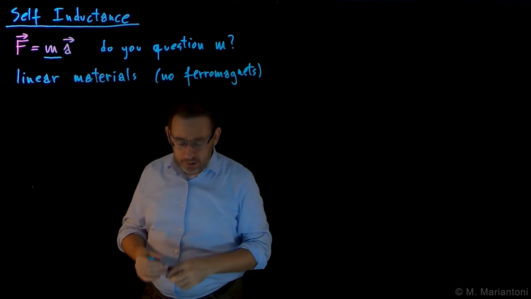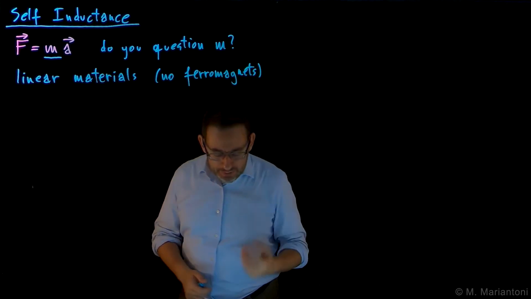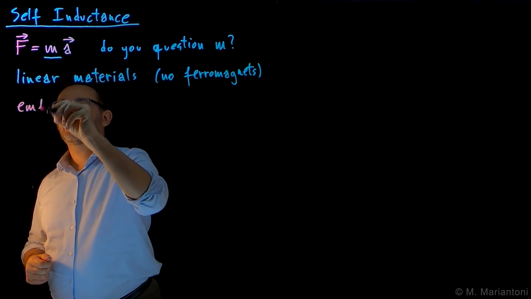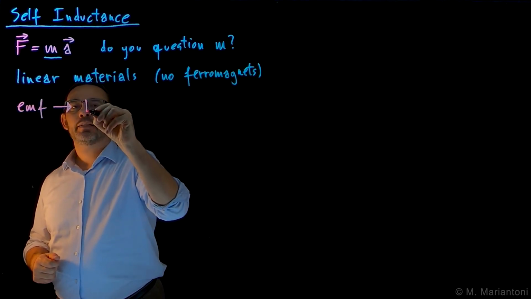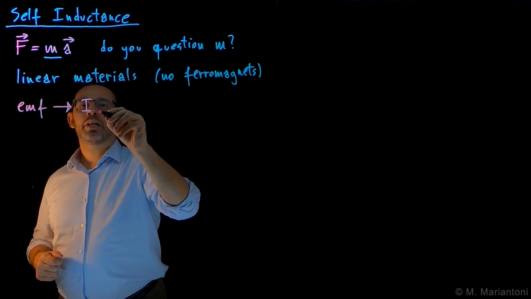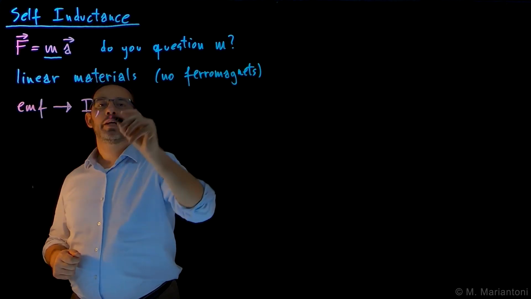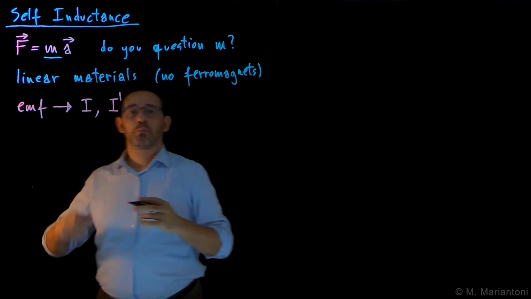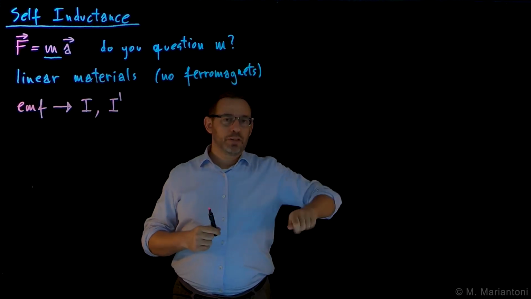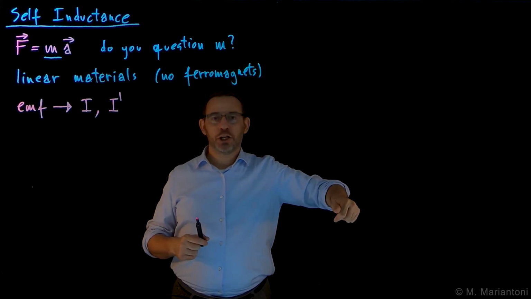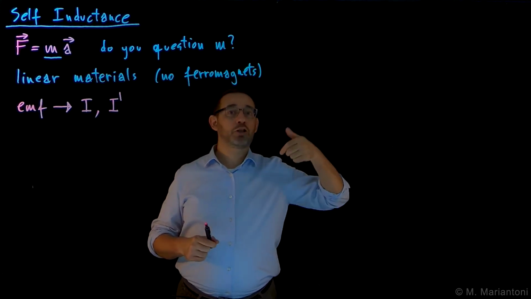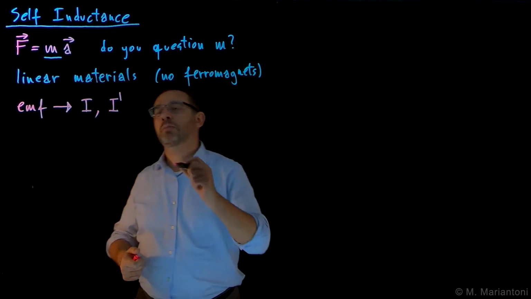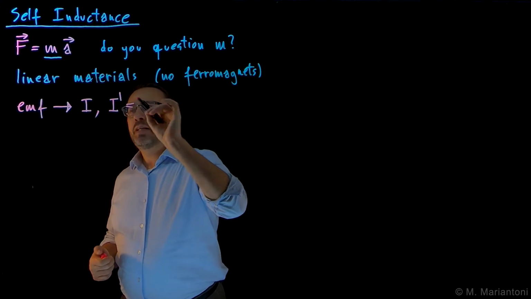All right, so if that is the case, consider we have an EMF. An electromotive force generates a current I. Now suppose it also generates a current I prime if we change somehow the power of this EMF. I have a knob, and I crank up this knob and generate I prime, a different current, which I can always do by changing the power of the source. So suppose I do that in the presence of linear materials.